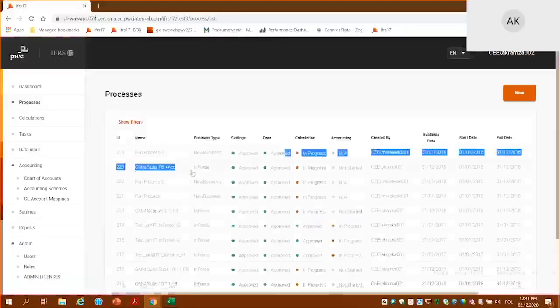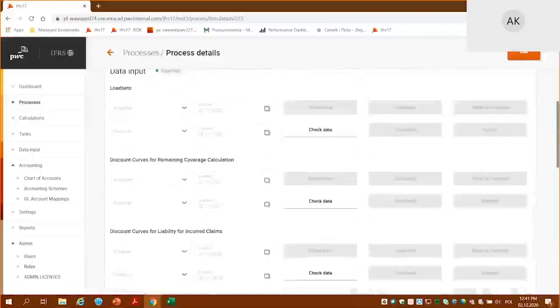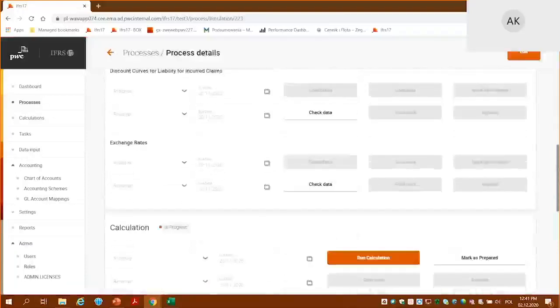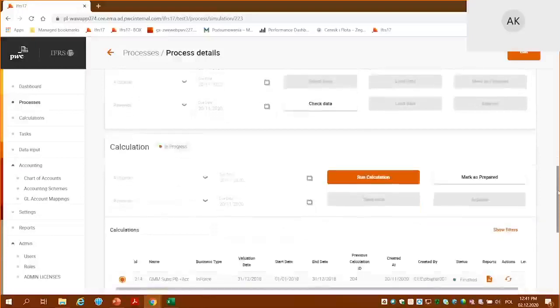And coming back to the process itself, once all these tasks are completed, you can run the calculation that generates the output variables and generates debit and credit.